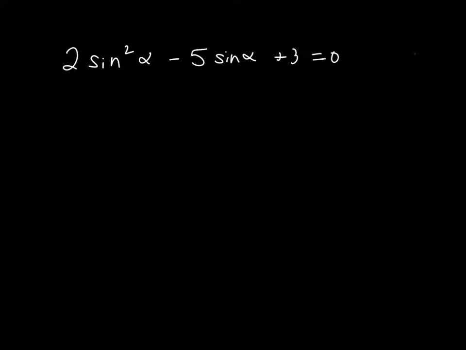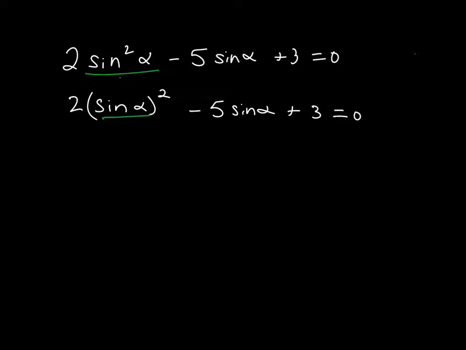We're going to go through and rewrite this. Remember that sine of theta squared and sine theta times sine theta are exactly the same thing. And then this gives us minus 5 sine of alpha plus 3 is equal to 0.